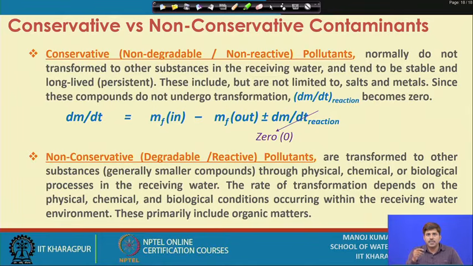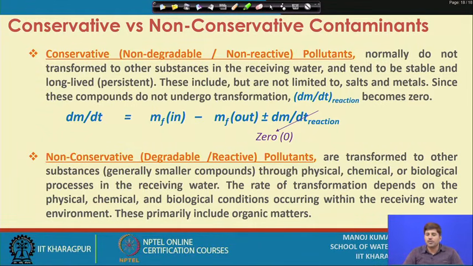These pollutants may include salts and metals, which generally do not easily get converted to other things; they are very persistent in the system. The basic idea of conservative or non-reactive pollutants is that they will not convert or transform to anything.